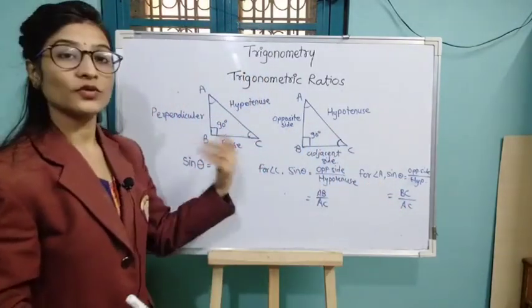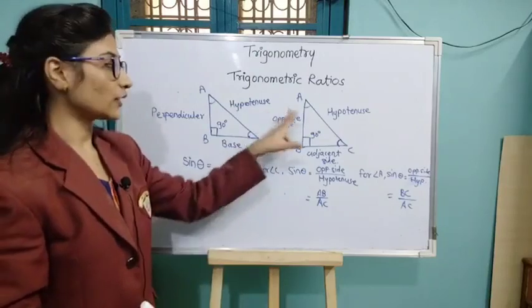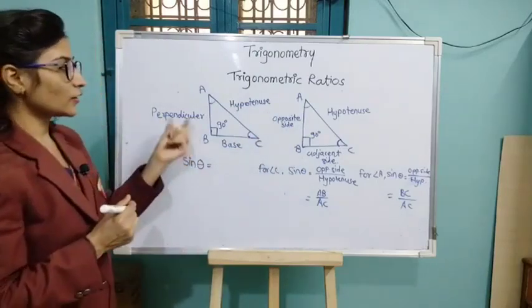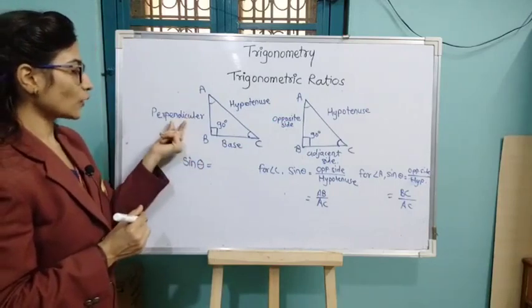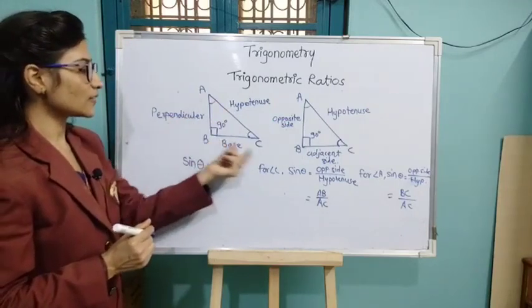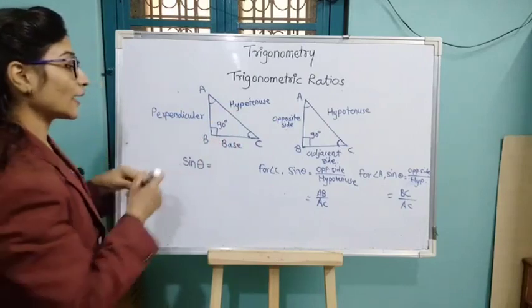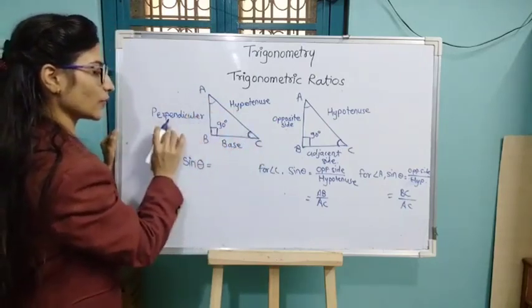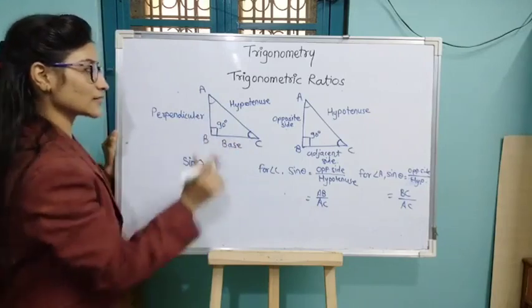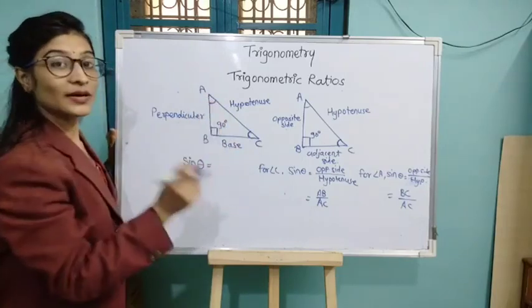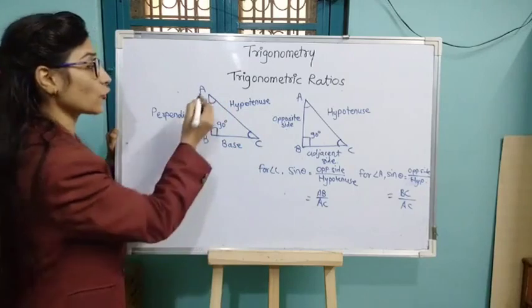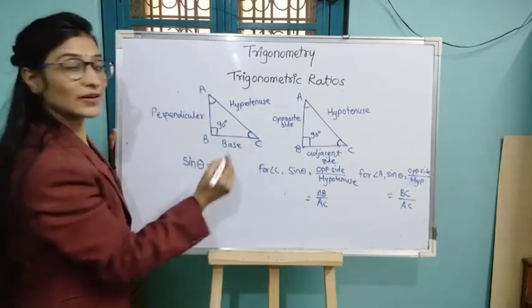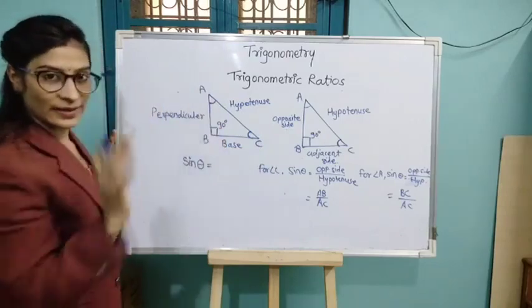Similarly, we have to find out the other trigonometric ratios related to this concept. Now see here in this figure, AB is known as the perpendicular and BC is known as the base for angle C. And if you want to find out trigonometric ratios for angle A, then we have to consider BC as the perpendicular and AB as the base.